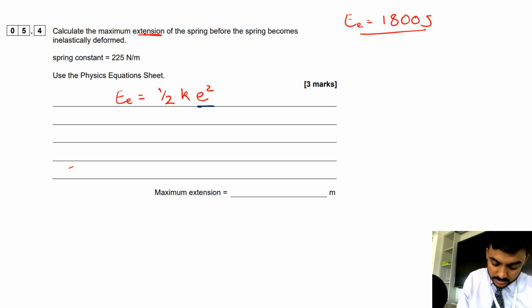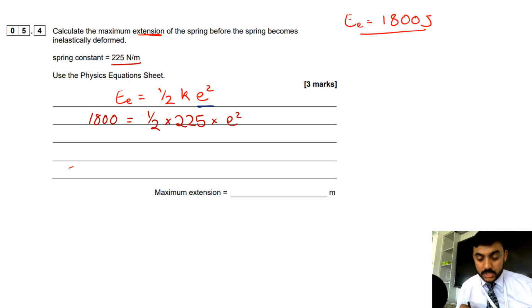So, elastic potential energy, 1,800, is equal to half times the spring constant, which is given as 225, times extension squared. To make extension the subject of the equation, I'll have to do the opposite of whatever's being done on the right hand side to both sides so I can get e on its own.